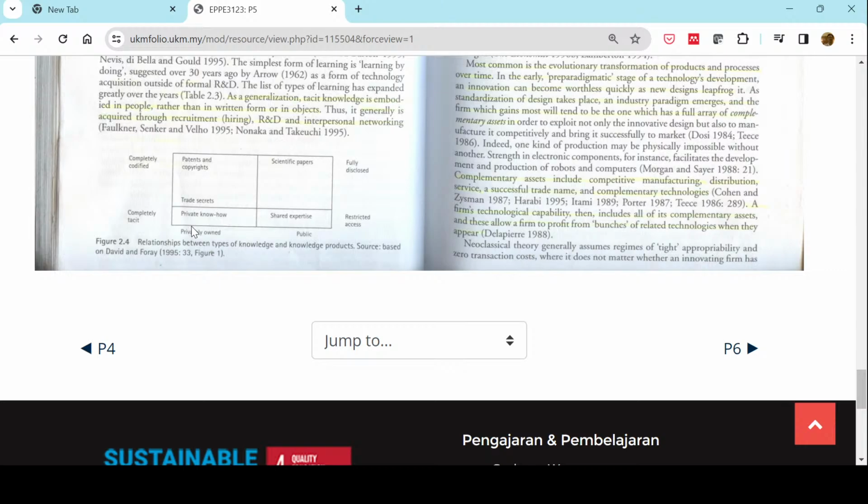Here, it is fully disclosed and public, not privately owned. Patents and copyrights are here. It is codified, and it is privately owned. Shared expertise is here. Completely tacit, but publicly owned.